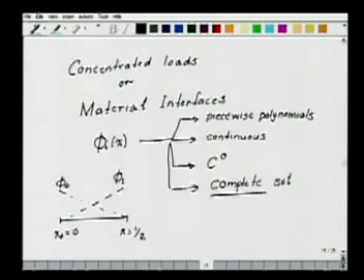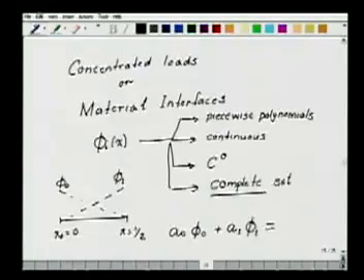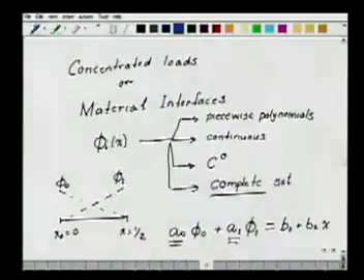What completeness means is that the linear combination of these functions phi 0 and phi 1 should be able to represent any polynomial that we take such that this polynomial is linear. That is, I should be able to find these unique constants a0 and a1 such that I should be able to represent the polynomial b1 plus b2 x, the linear polynomial in this region, exactly using the linear combination.